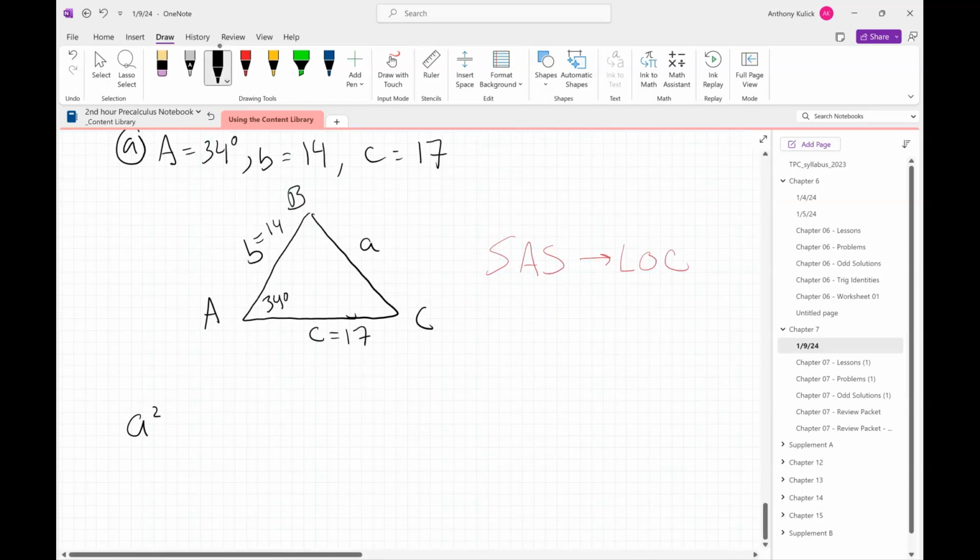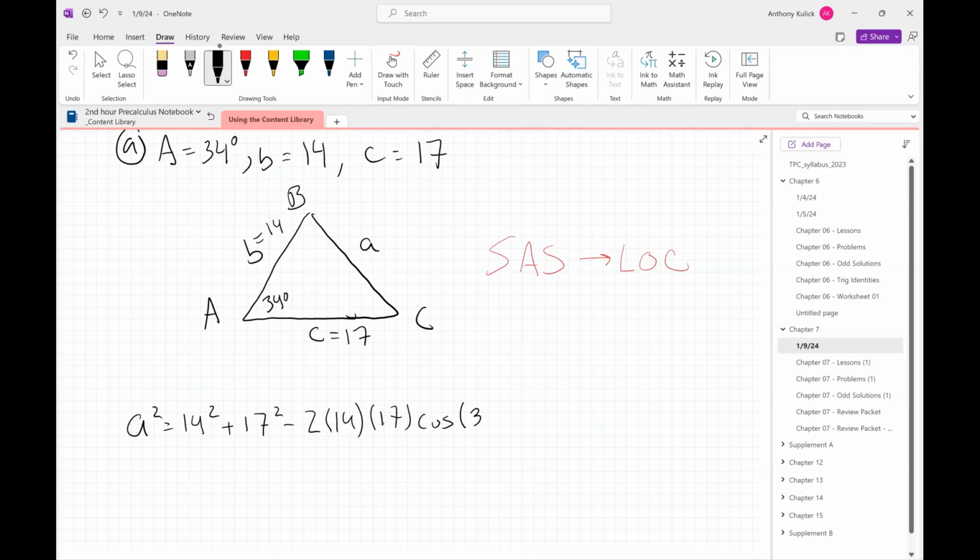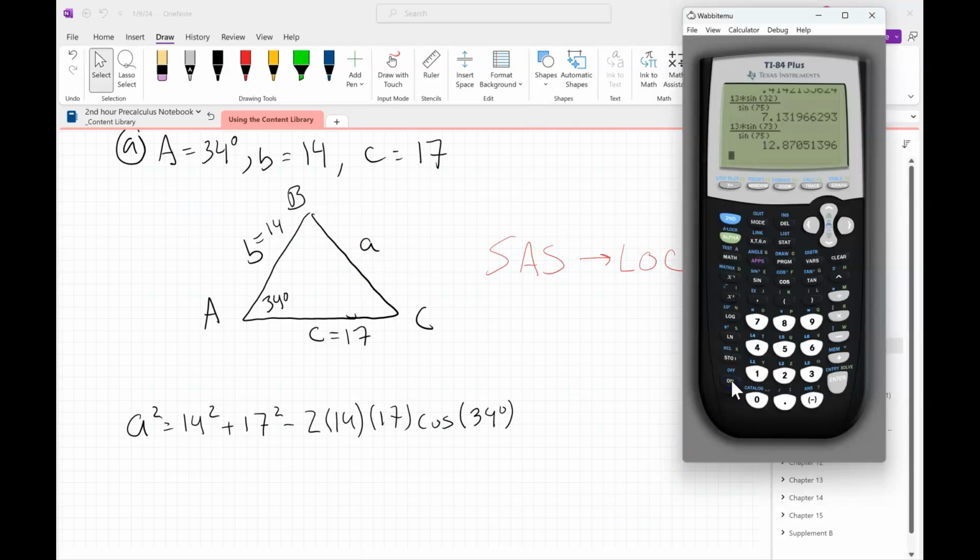So we have a squared equals 14 squared plus 17 squared minus 2 times 14 times 17 times cosine of 34 degrees. Please, for the love of God, when you're typing this in your calculator, do it all in one line. Okay?